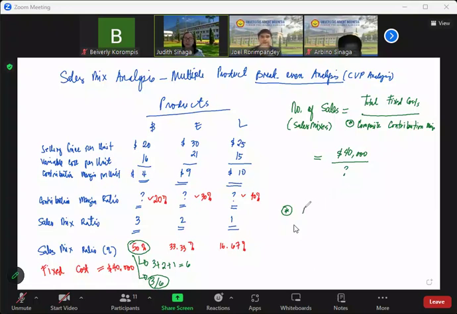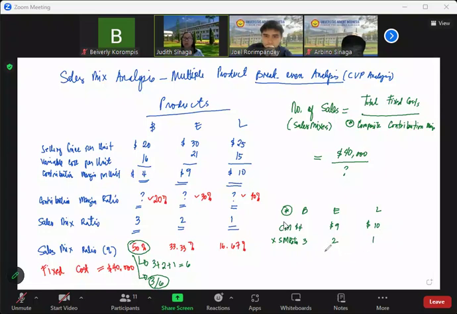For product B, we already solved the contribution margin: 4 per unit. Then you multiply by the sales mix ratio, which is 3. For E, you have 9 and the sales mix ratio is 2. For L, you have 10 and the sales mix ratio is 1.